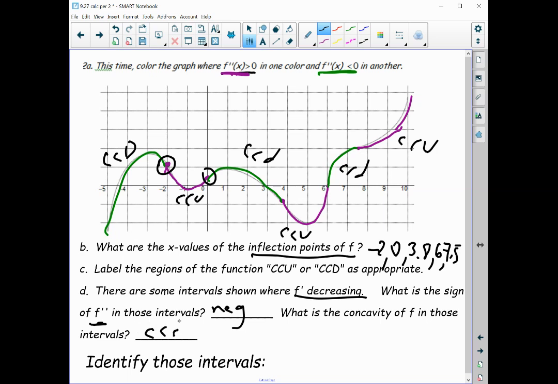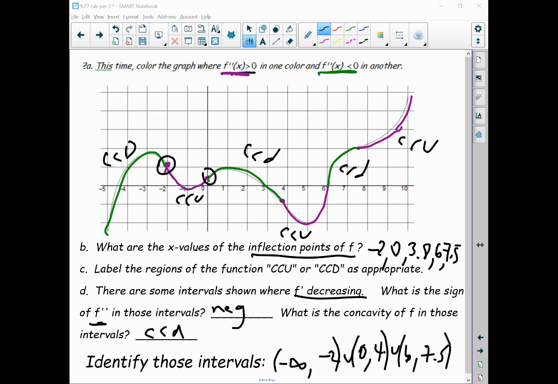It'd be concave down. And then it wants us to identify those. So I'm just going to say negative infinity to negative 2, union 0 to, I'm just going to call that 4, union 6 to 7.5.